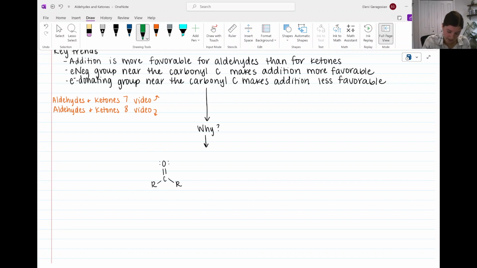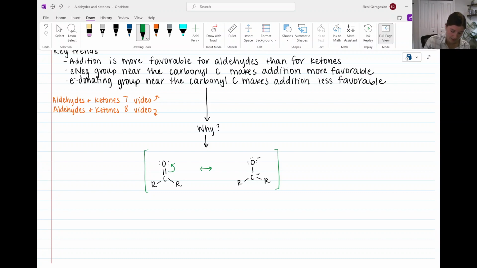So our resonance, if we resonate pi bond electrons to oxygen, oxygen's more electronegative, so the electrons are closer to the oxygen. In the formal resonance structure, we have an open shell carbon now and a negatively charged oxygen. So these are resonance structures for this molecule.